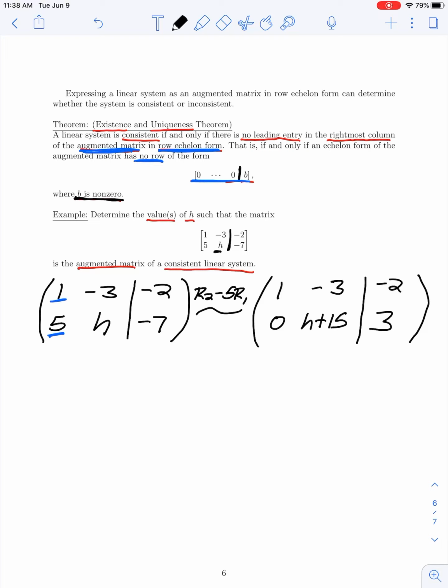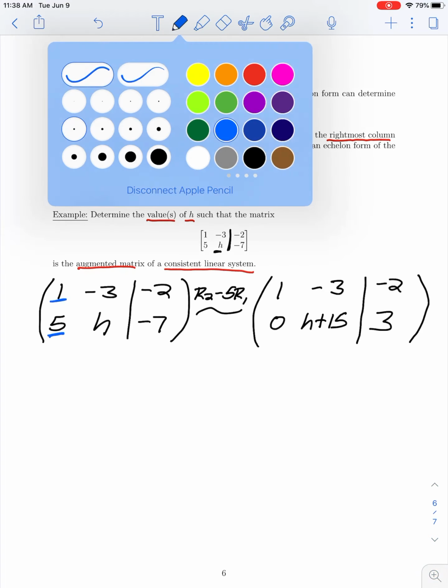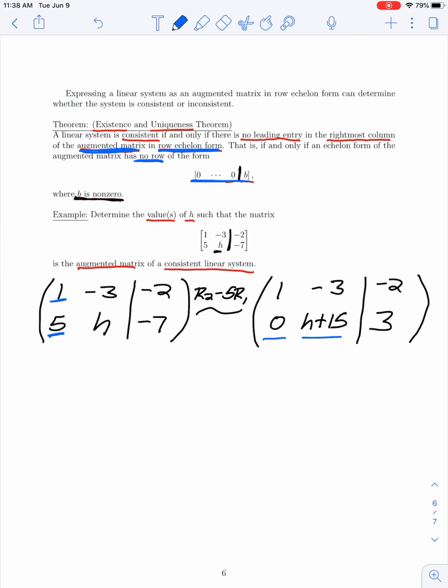So in order for this system to be consistent, this last row that I'm working with cannot be of the form all 0 entries equals a non-zero constant, 3. So as long as this bottom right entry is not equal to 0, then I know my system is consistent.